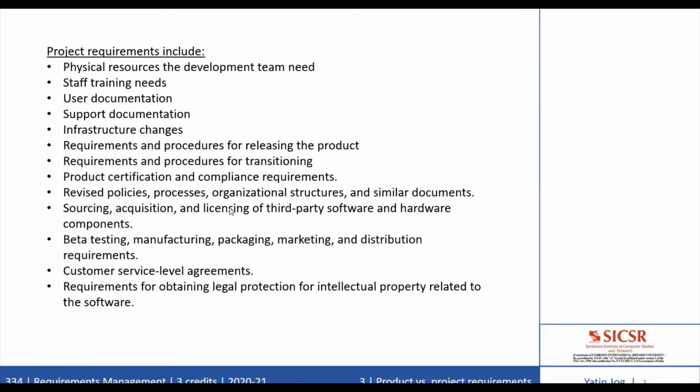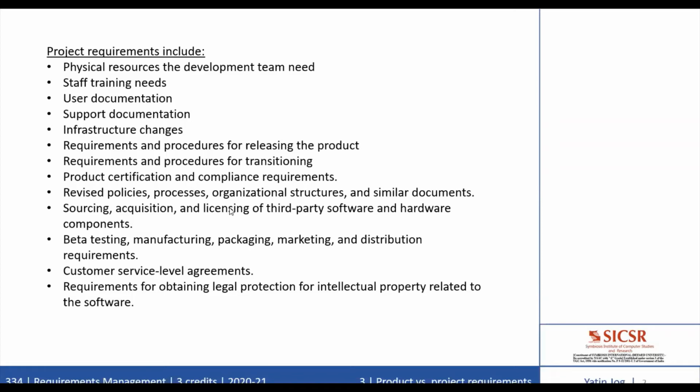The first is physical resources the development team needs, such as workstations, special hardware devices, a few different testing labs, testing tools, equipment required for testing, and different kinds of team rooms like video conferencing rooms, meeting rooms, or equipment related to video conferencing. Second is staff training needs.